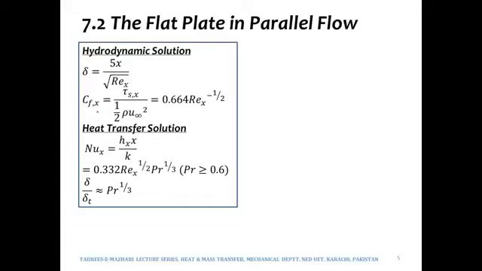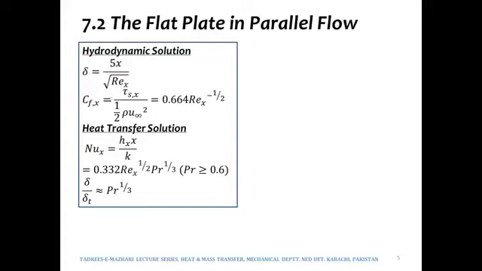One would be the local and the other one would be the averaged one. Just like we had local convection coefficient and averaged convection coefficient over the entire plate. So similarly, we would have other local parameters as well, and other averaged parameters as well.